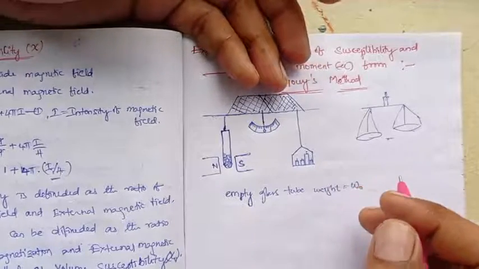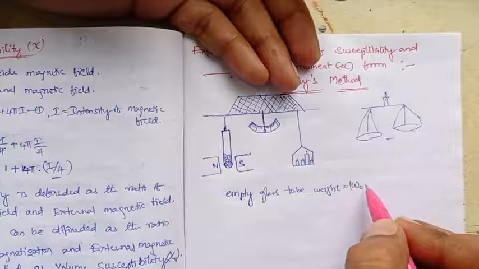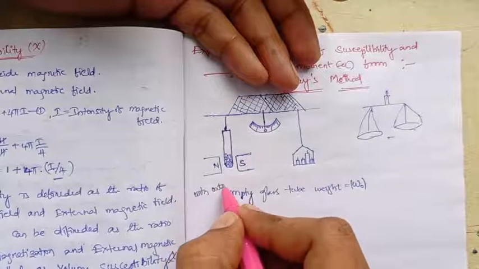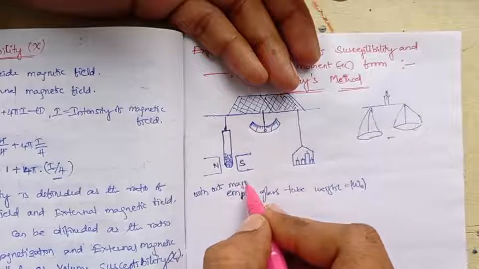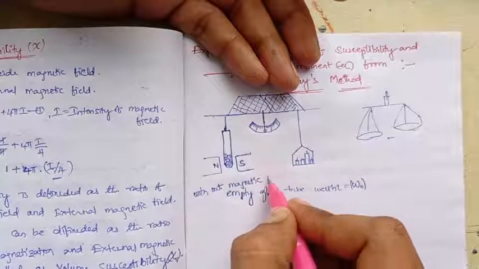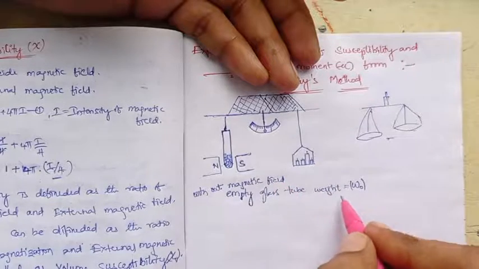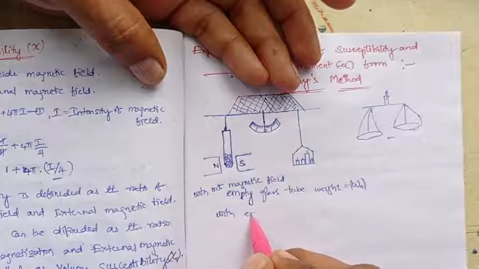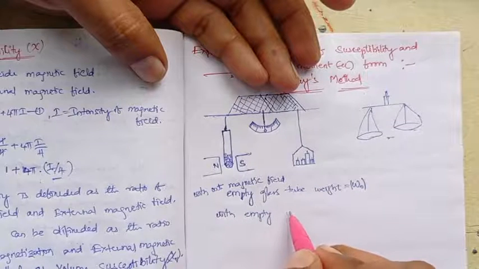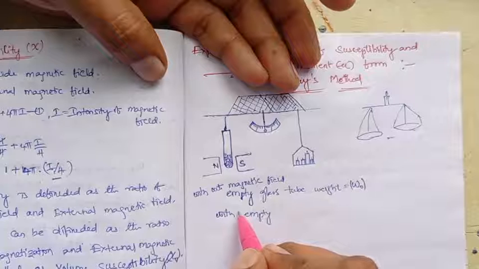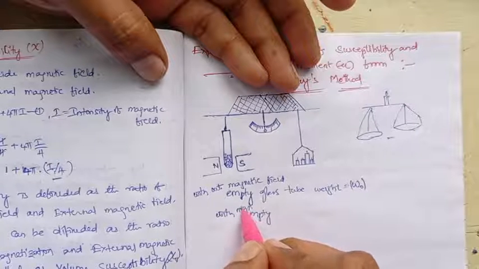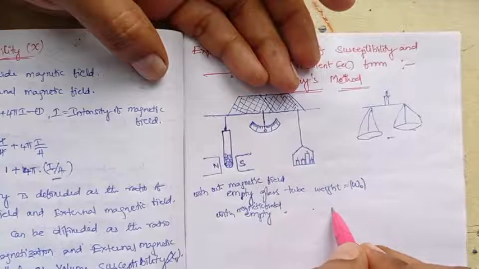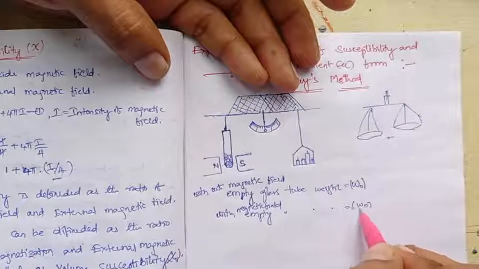Two times we will measure. Without magnetic field, we measure the empty glass tube weight, and with magnetic field, we weigh the empty glass tube as WH, right?